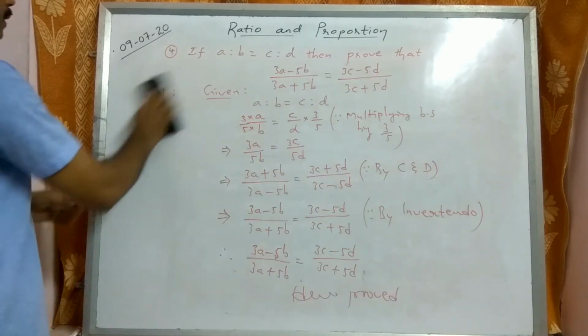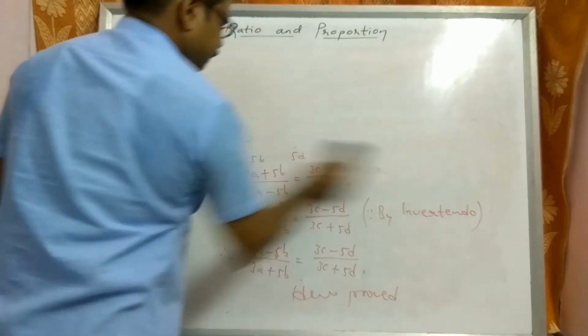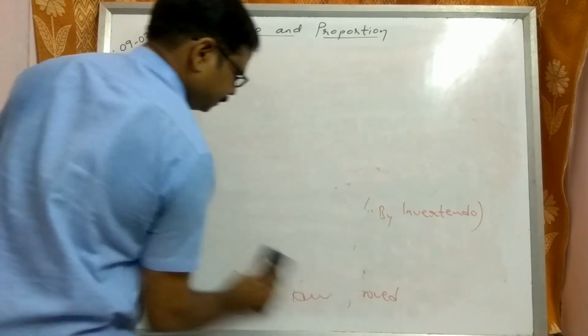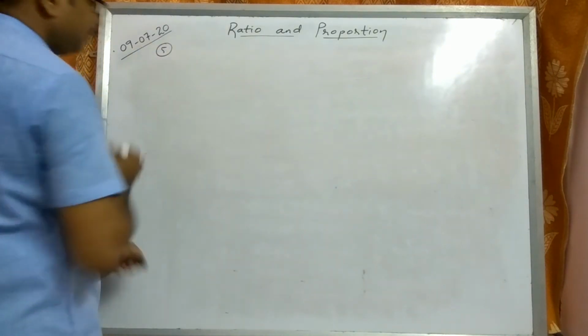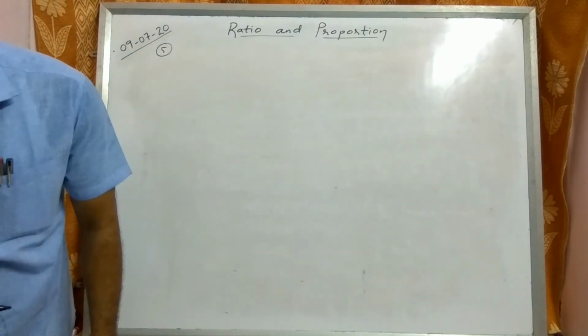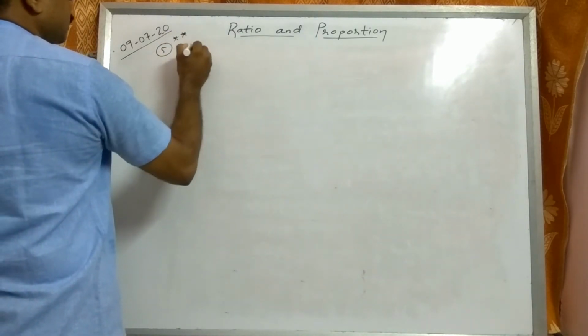Let us see one more problem. Fifth question. If x by a, this is the important problem.